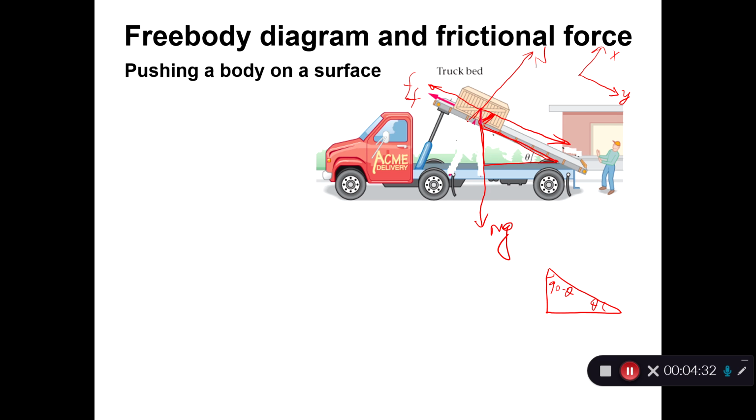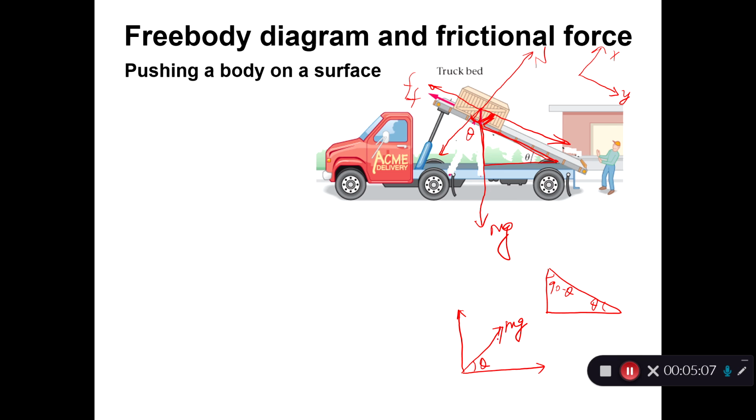If I draw a line along this direction, then that should be my theta, because this is 90 minus theta and the total is 90. So the angle is theta. From trigonometry and components of a vector, let's say this is the vector mg, this is one direction, this is another direction perpendicular to it, and this angle is theta.